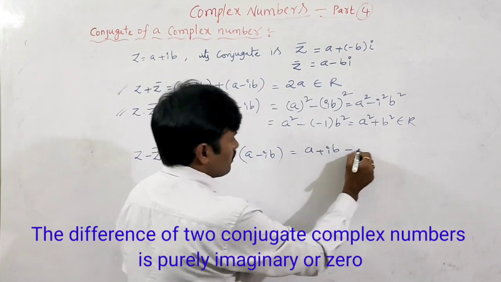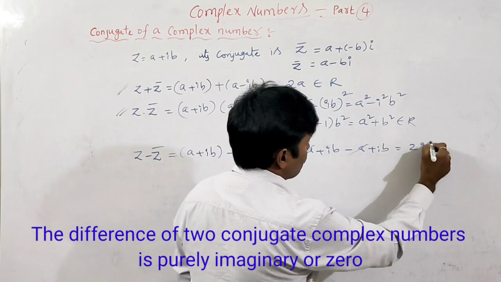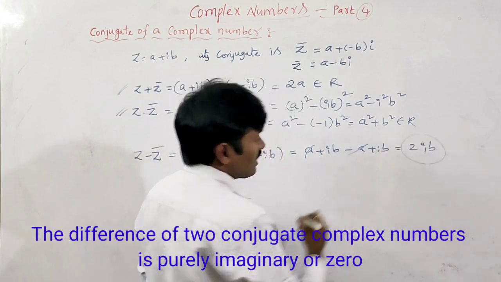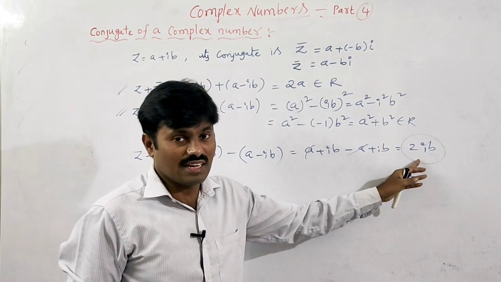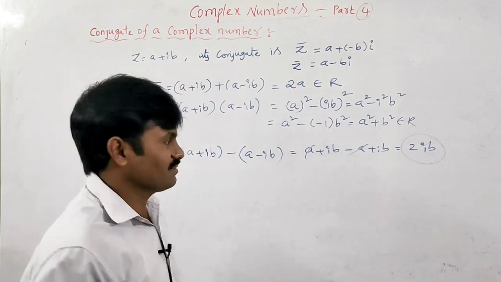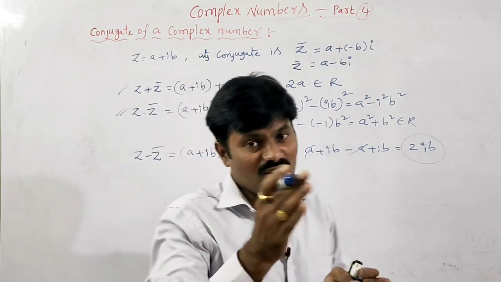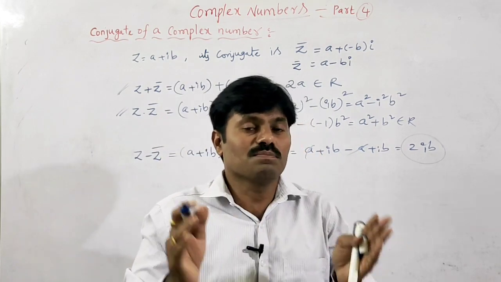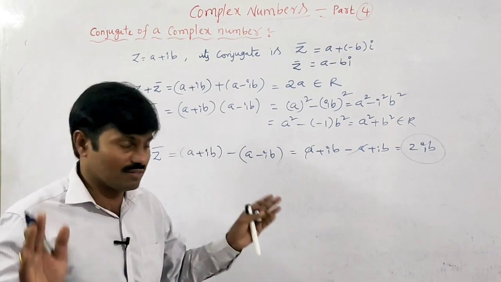Remove the braces, then it becomes a plus ib minus a plus ib. So a minus a is 0, leaving 2ib. It includes i, so it is an imaginary number. So the difference between a complex number and its conjugate is always a purely imaginary number. Okay, clear?